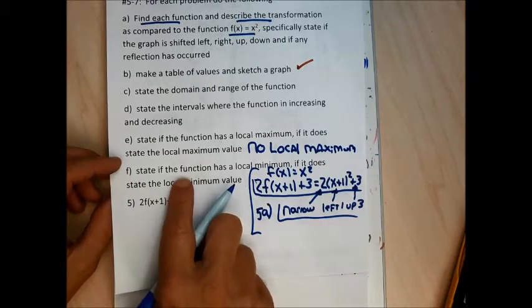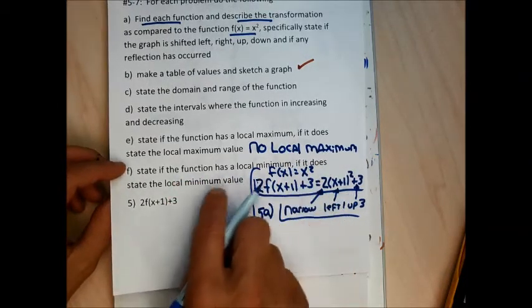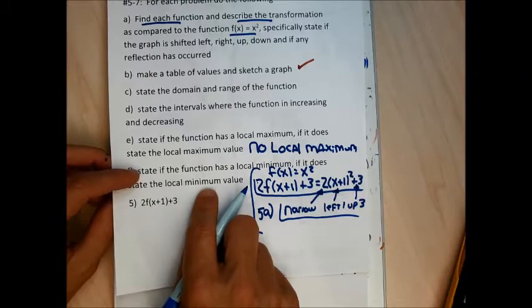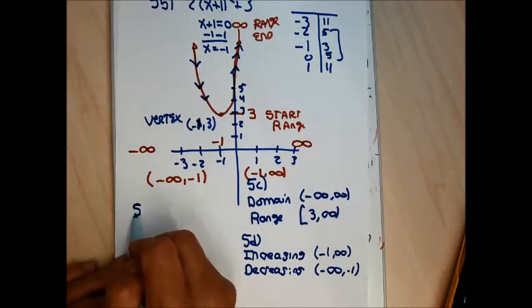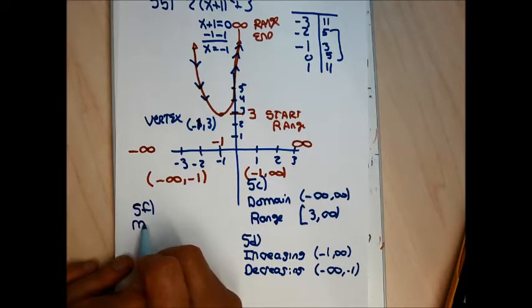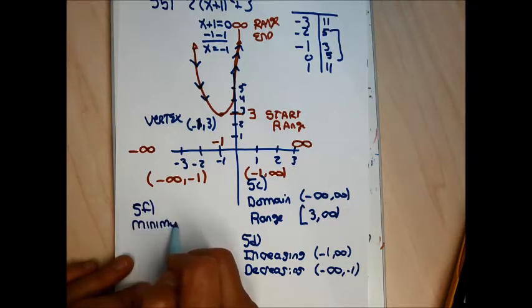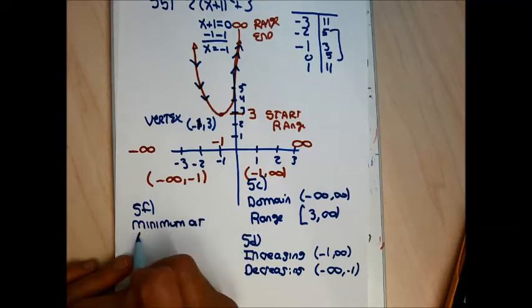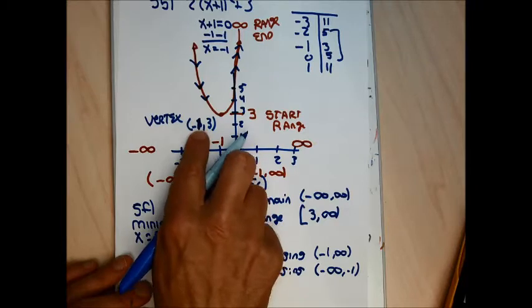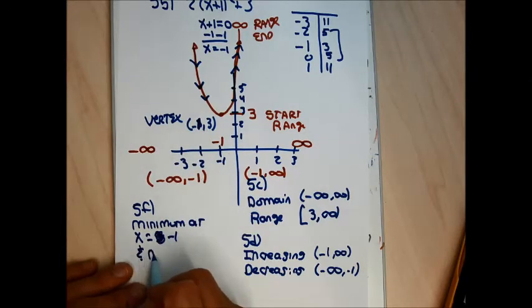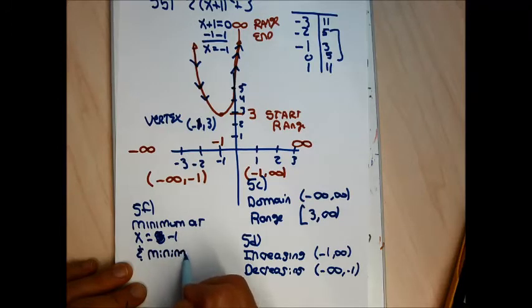And part F, state if the function has a local minimum, and if it does, state the local minimum value. The vertex, because it's a low point, is a local minimum, so when I go to do part 5F, I can say there's a minimum at x equal to negative 1, the x-coordinate of the vertex, and the minimum value is y equal to 3.